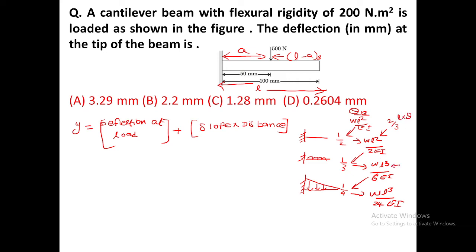So deflection means 2 by 3 L into theta here, 3 by 4 L into theta here, 4 by 5 L into theta here.